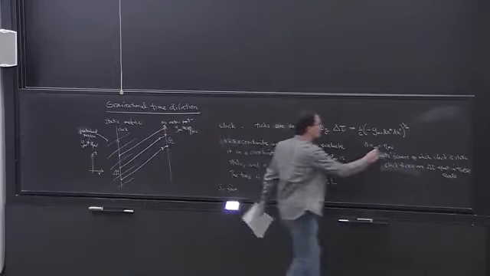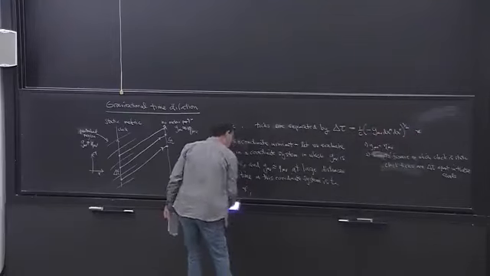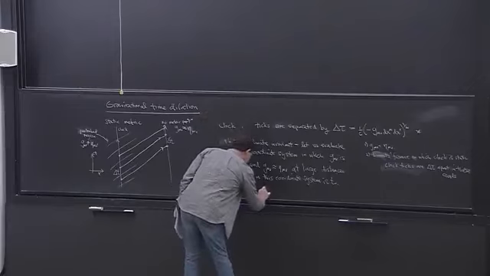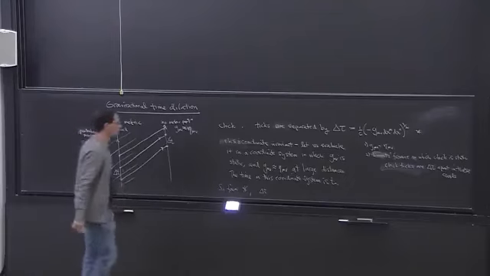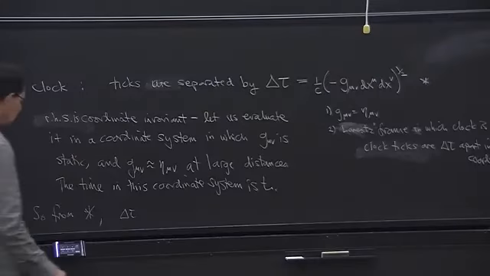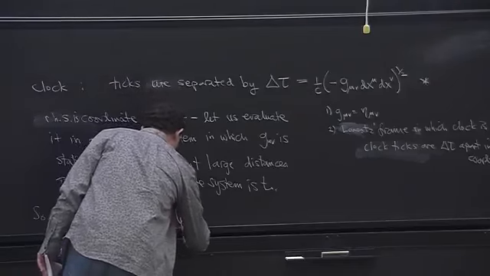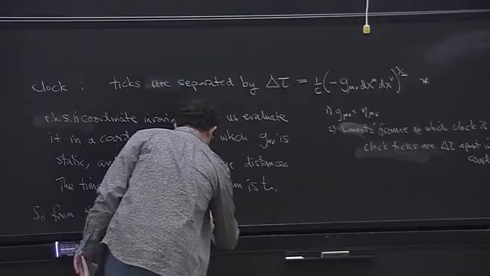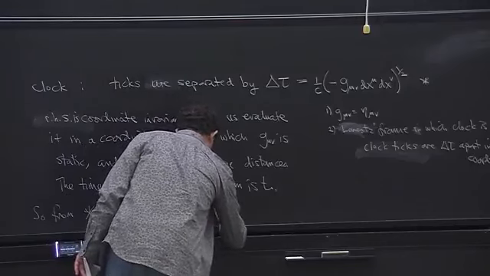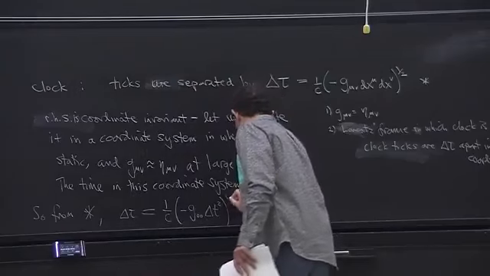From this equation (star), delta tau, this is the ticks of the clock in the absence of gravity in its rest frame. This is equal to 1 over c minus g naught naught delta t squared, to the half.